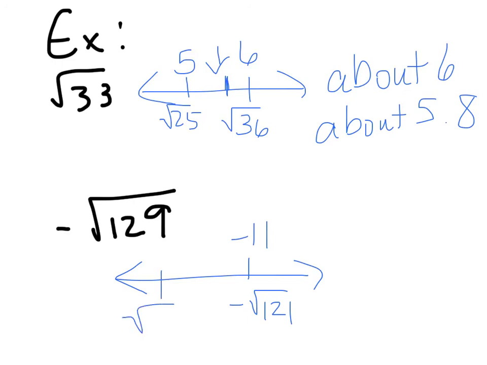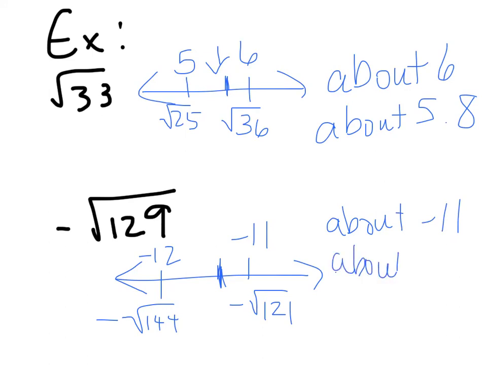And the next perfect square would be the square root of 144, which is -12. And then I would say, okay, well, -129 comes between them, a little bit closer to -11. So I could say it's about -11, or I could even say it's about -11.3, or somewhere along that line.